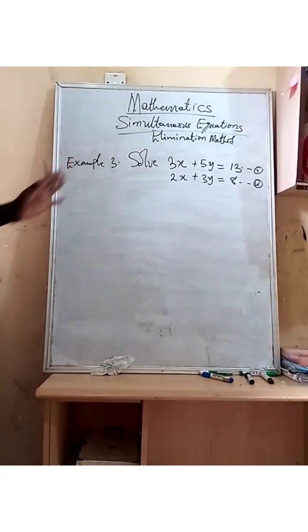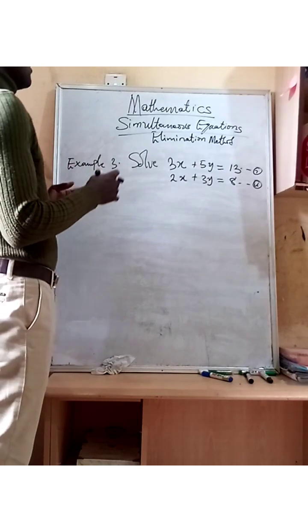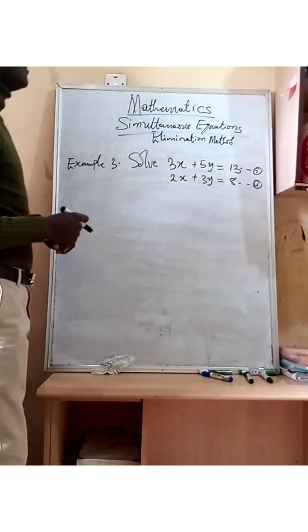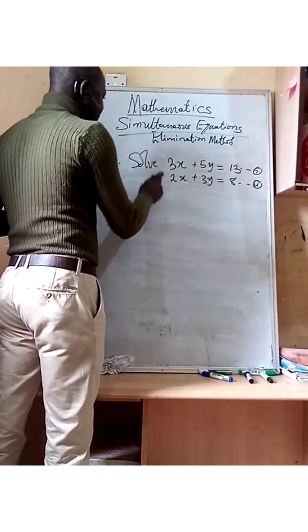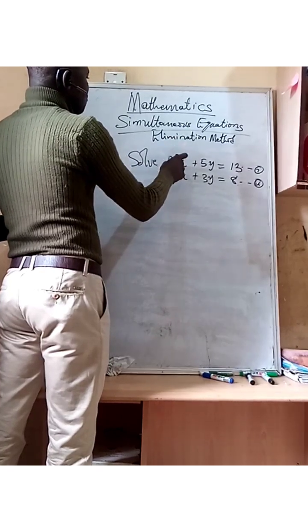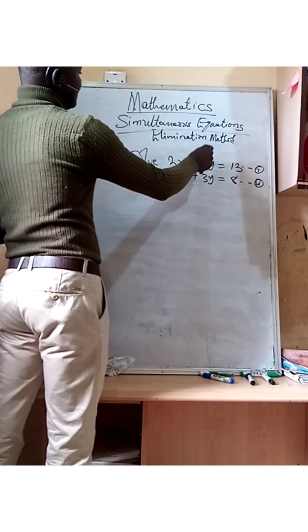So, at this point, we have to find a way of obtaining equal coefficients for one of the variables. Now, at this point, this is a matter of decision. We determine the lowest common multiple of this, which is 6, and the lowest common multiple of this, which is 15.